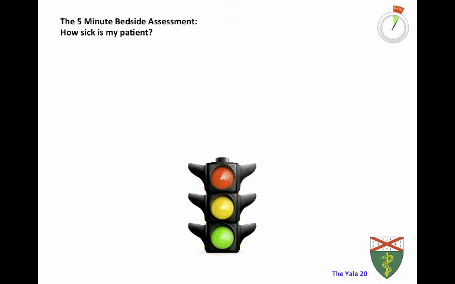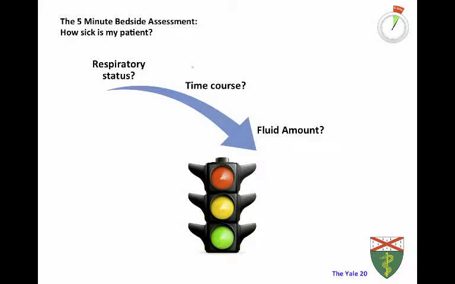Starting off with the 5-minute bedside assessment. The fundamental question is, how sick is my patient? When a patient comes in with shortness of breath and is found to have a pleural effusion, either by chest x-ray or because you suspect one on physical exam, you have to think about what parameters you are using to triage this patient. Three things that we propose: first, respiratory status.